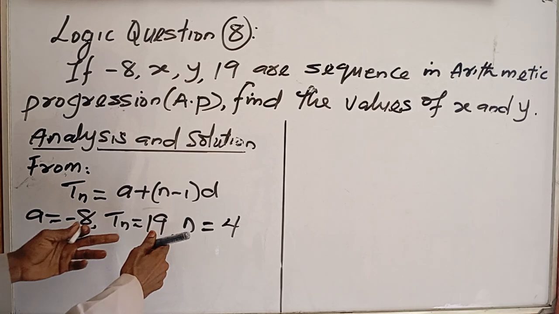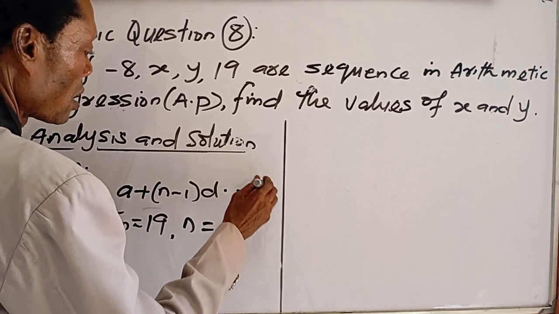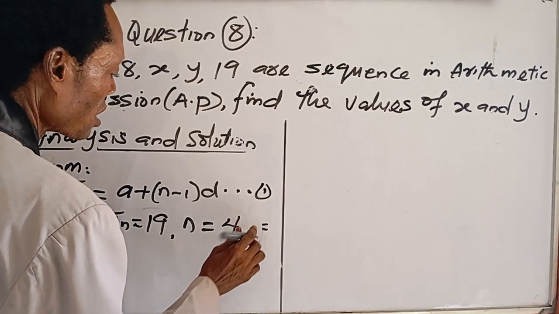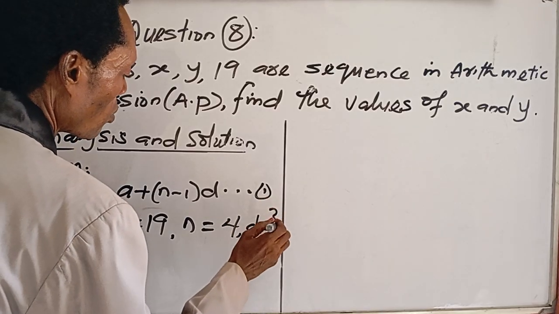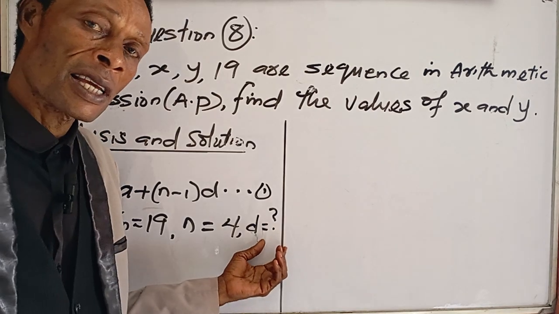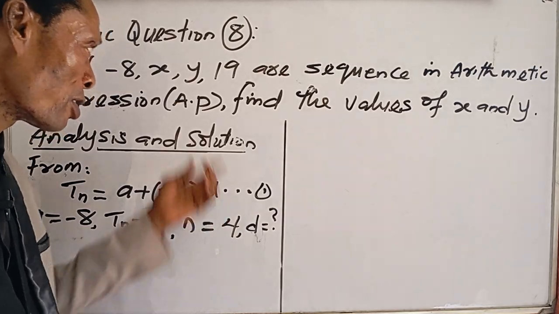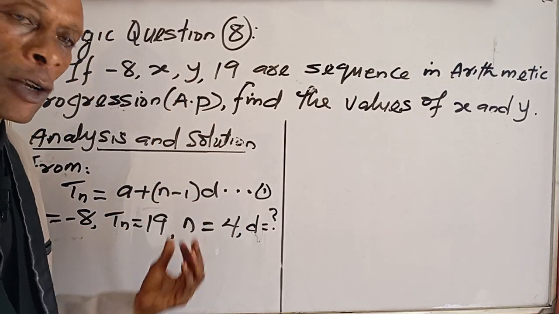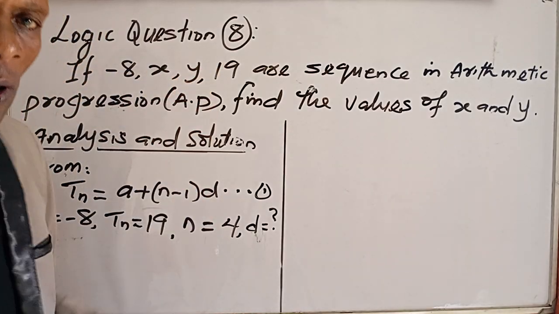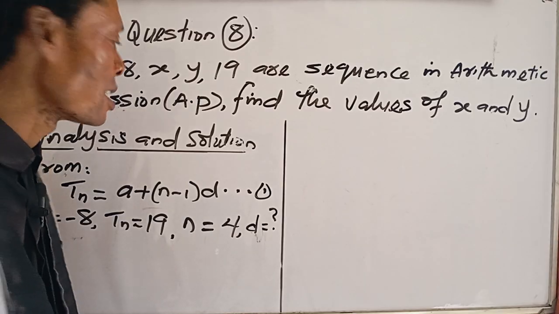Now substituting into this very formula, what is our d? We don't know d. By the time we are able to get our d, it will be easy for us. From substitution of all these values into the formula, it will enable us to get the value of d. And once we get the value of d, this solution is completed.